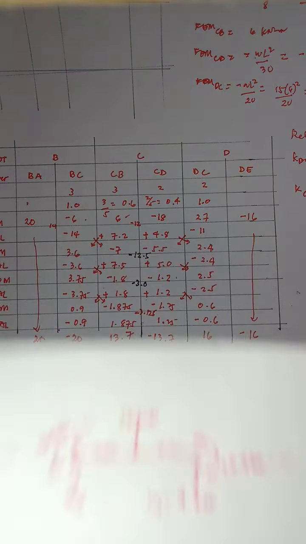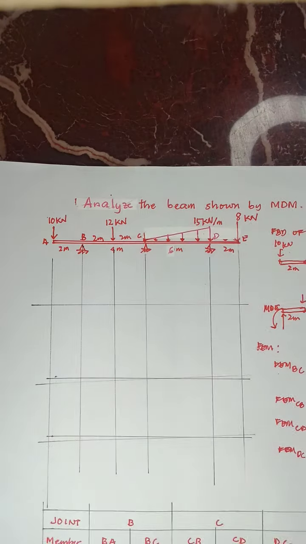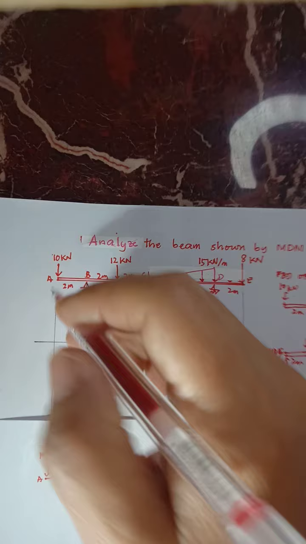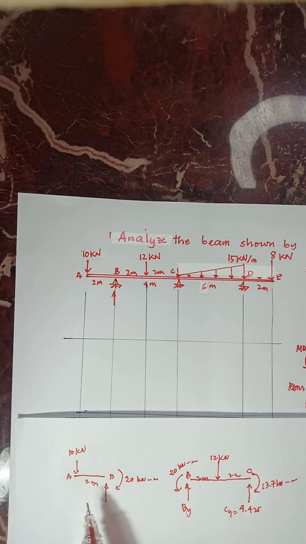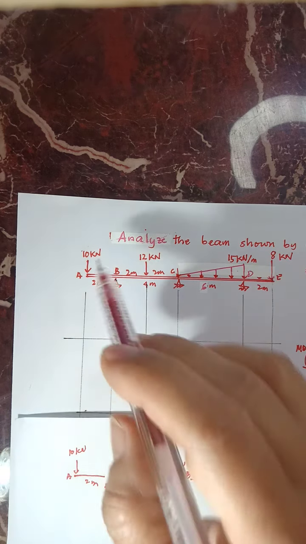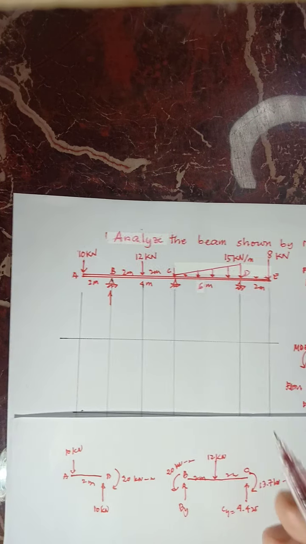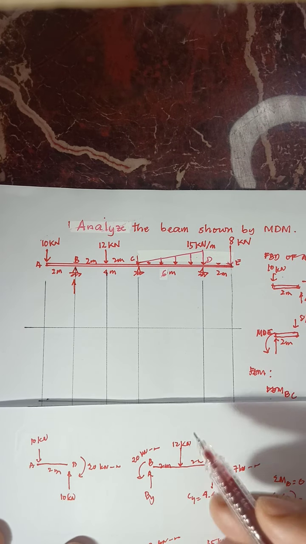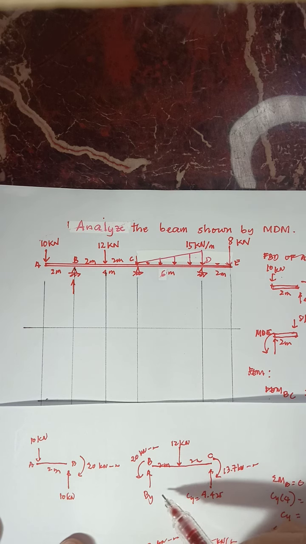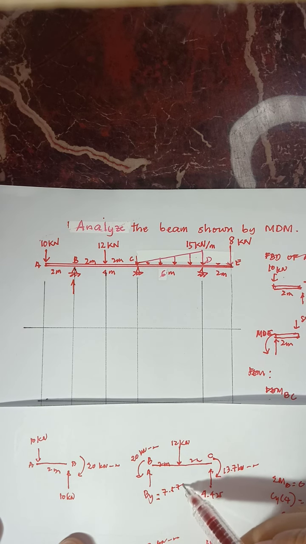Okay, so if you apply all the shear or reactions at the joints, at joint B, you have BY on member AB, and if you sum forces vertical equal to 0, this is 10 kilonewtons. And BY on BC is 7.575.